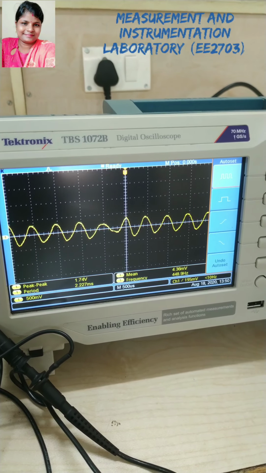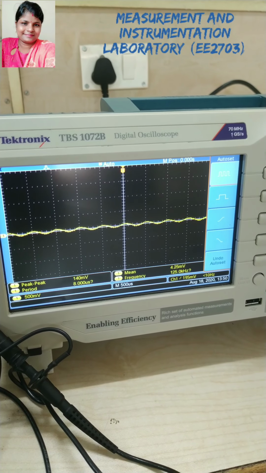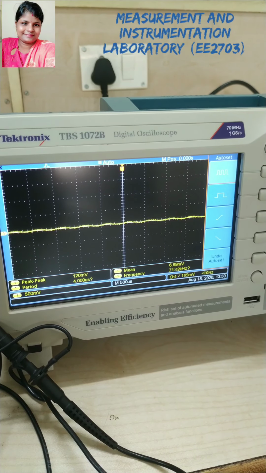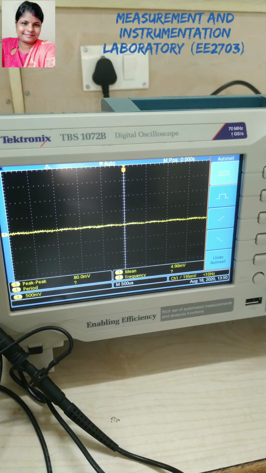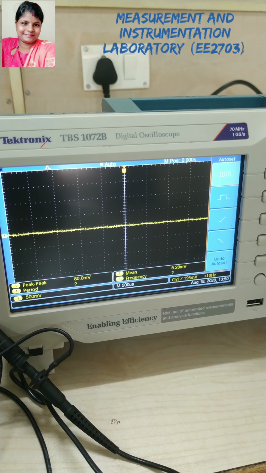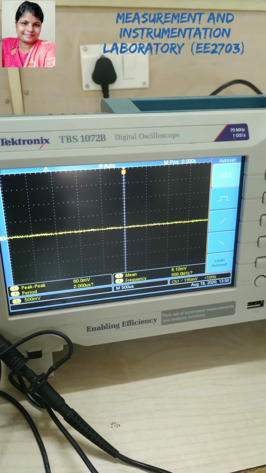That is the balance condition of this bridge. Here the peak to peak voltage is 80. 80 is minimum.